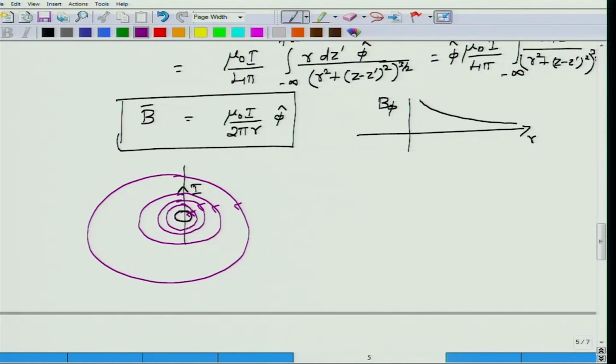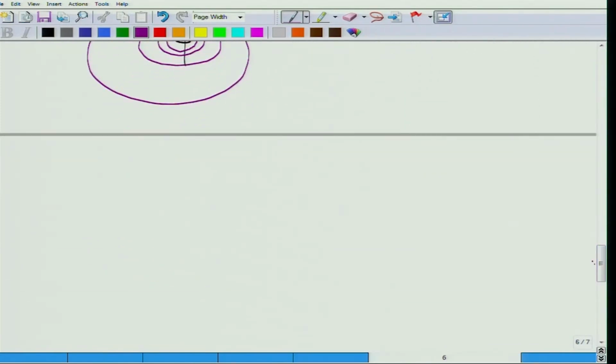So, this is the B field for an infinitely long conductor carrying a steady current of I amperes.